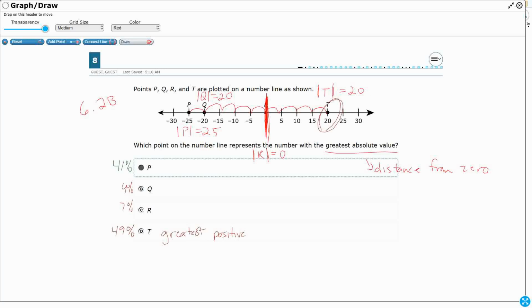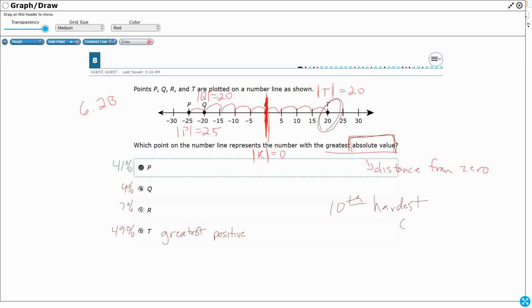But this comes back to, do we know the definition of absolute value? Do they know that that is the distance from 0, so it doesn't matter whether it's positive or negative, because P is actually a little farther away from 0 than T is. And so obviously that is a supporting standard that we don't see an awful lot, but that vocabulary is very important for our students.